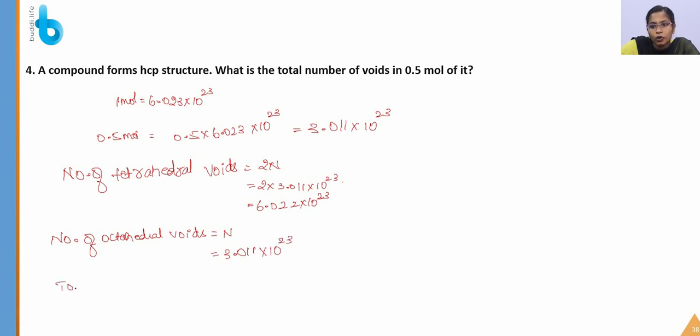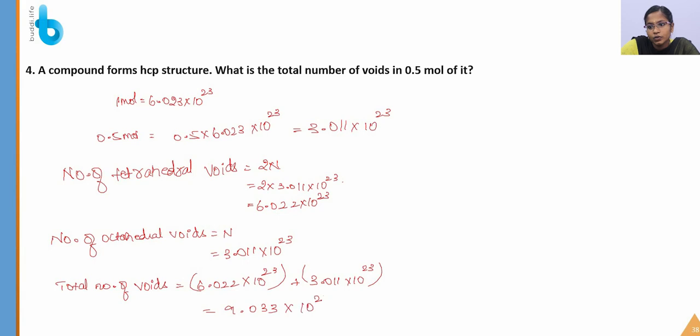So the total number of voids is equal to 6.022 into 10 power 23 plus 3.011 into 10 power 23. So the answer is 9.033 into 10 power 23. So the total number of voids in 0.5 mole is 9.033 into 10 power 23.